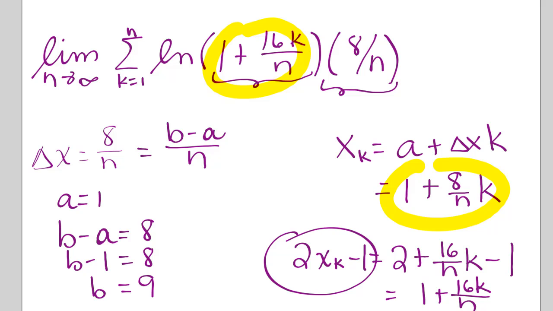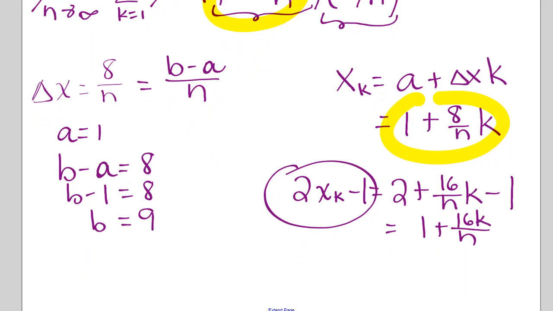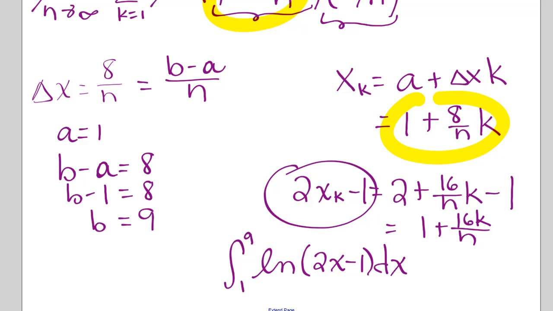Now we're ready to write our integral that represents this. We're going to look at the integral from 1 to 9 because we said a was 1 and b is 9. And we can see it's the natural log of 2x minus 1 dx.